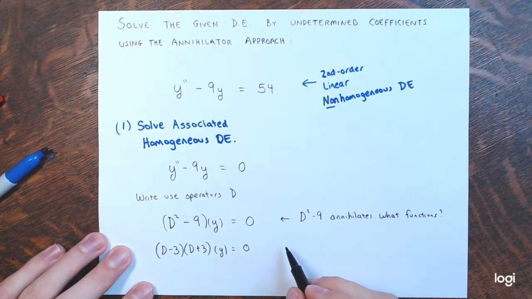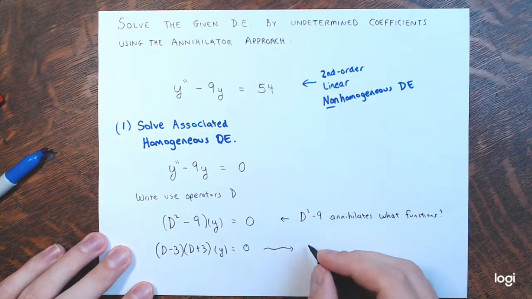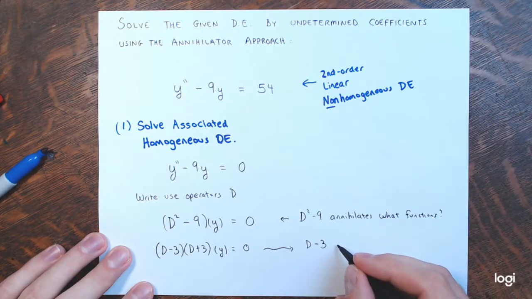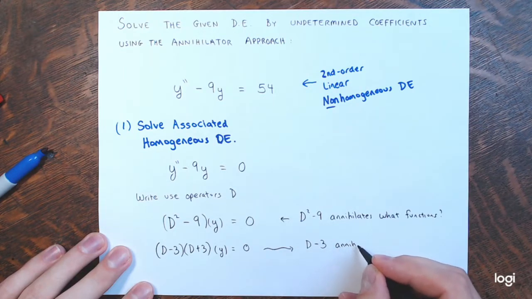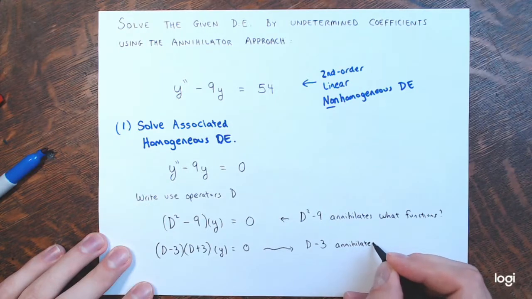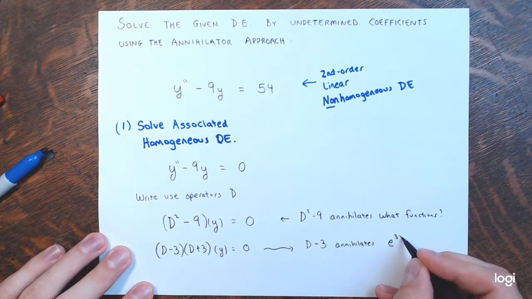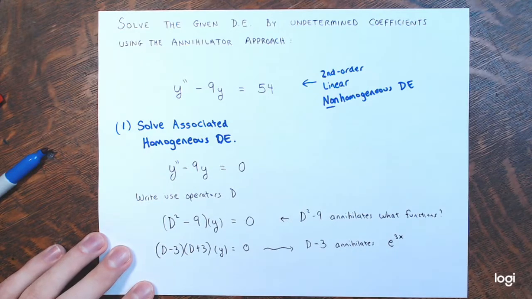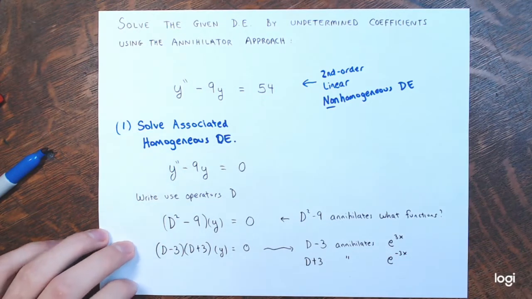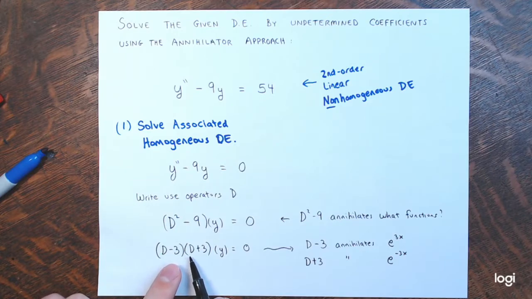And if you recall from a previous video of mine, or from whatever textbook you're reading that mentions annihilators, D minus 3 annihilates e to the 3x, and D plus 3 annihilates e to the negative 3x. And since I have the product of them together, their product annihilates any linear combination of these two.